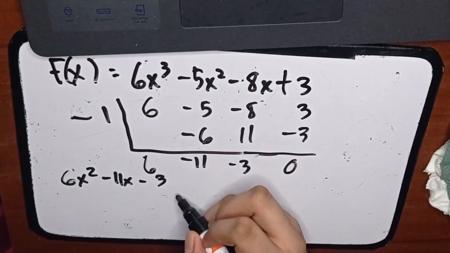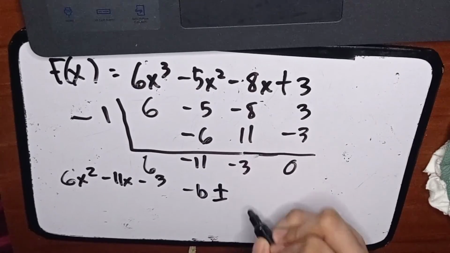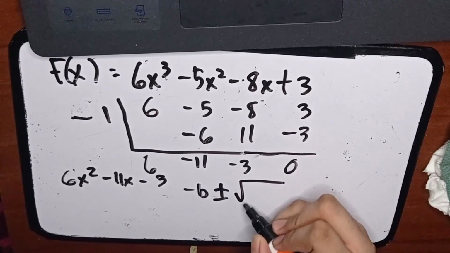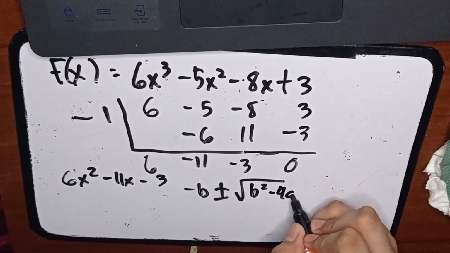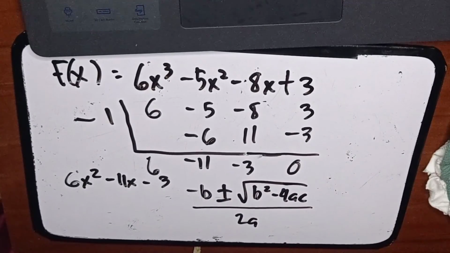So, we're going to use the quadratic formula: negative b plus or minus the square root of b squared minus 4ac, all over 2a. Okay? So, substitute.